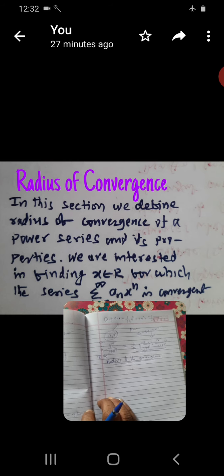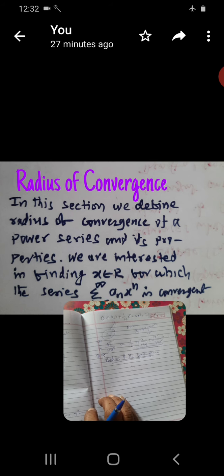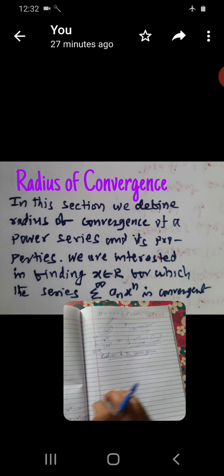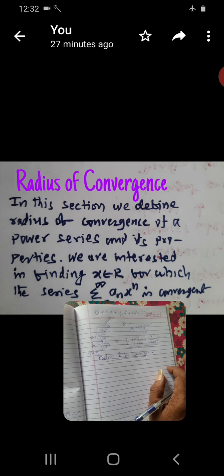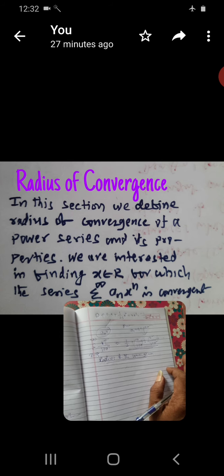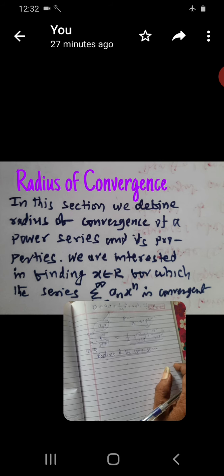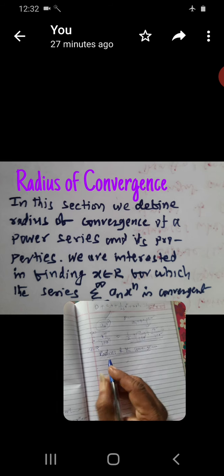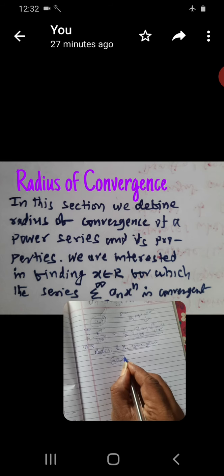In our sequences classes previously, what were we talking about? Convergence: how one sequence converges. We talked about how a sequence becomes convergent. Here also it is the same. Here we create a power series a_n x power n.